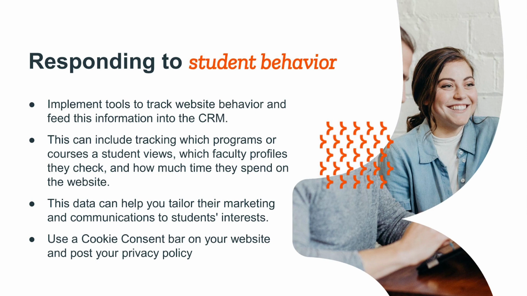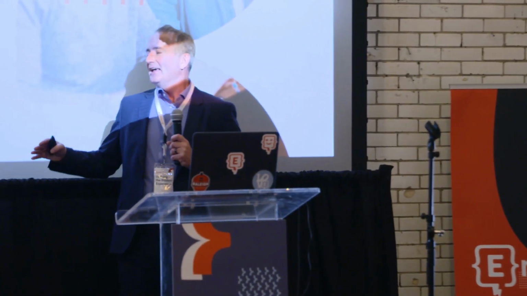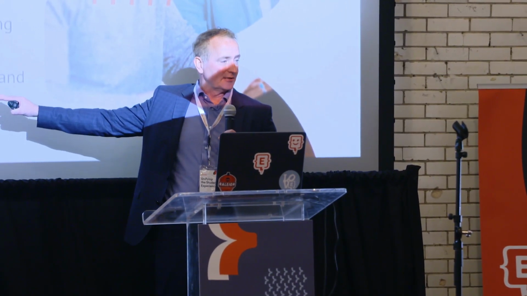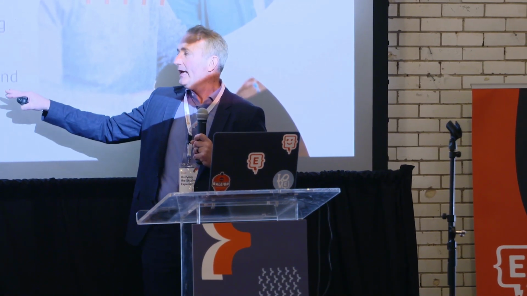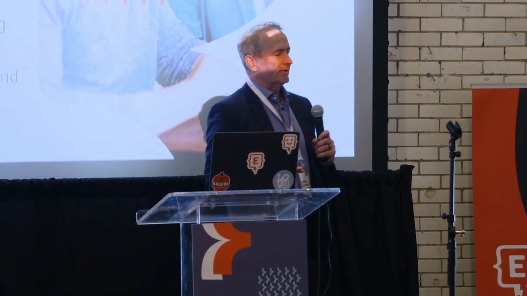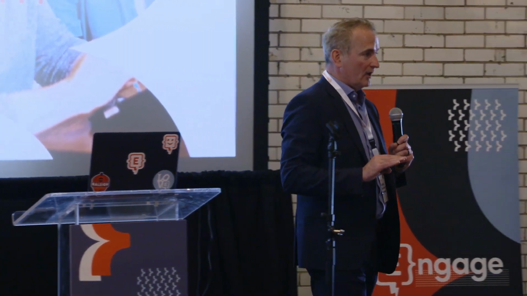The important piece here is that this is tracking data that's identified. So we must have consent to do that. So if you implement this piece, we need to have one of those cookie consent bars, right, to be legally conforming. And we must have a privacy policy that lets people know what we're doing with that data. So there are some really good examples out there if you don't have one.